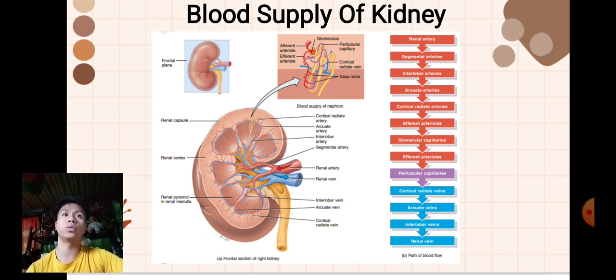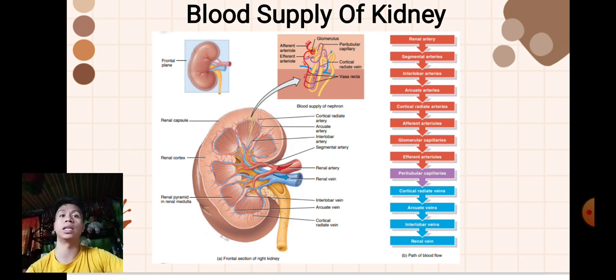The peritubular capillaries form cortical radiate veins, which also receive blood from the vasa recta, the straight vessel. Then the blood drains through the arcuate vein to the interlobar vein running through the renal pyramid. Blood leaves the kidney through a single renal vein.